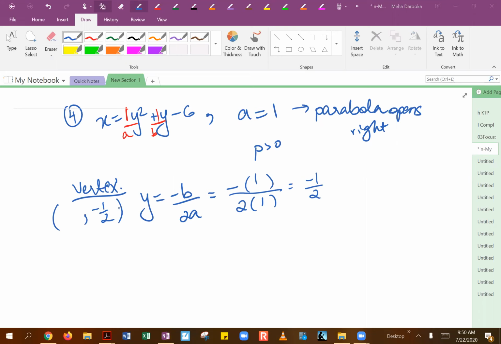And then you would take this and put it back into your equation to find the x value. So that would have to be x equals y squared plus y minus 6. So Morgan, what do you think happened here?